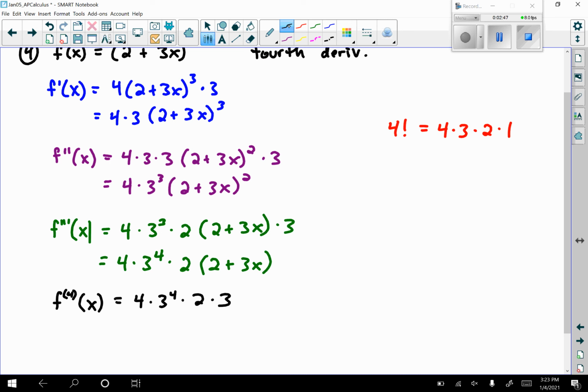Because other than the first answer A, which is 0, they all have a 4 factorial. So technically, yes, I could write this as 4 times 3 times 2, technically times 1, times 3 to the 4th. So this whole first part is 4 factorial times 3 to the 4th, which gives us C.